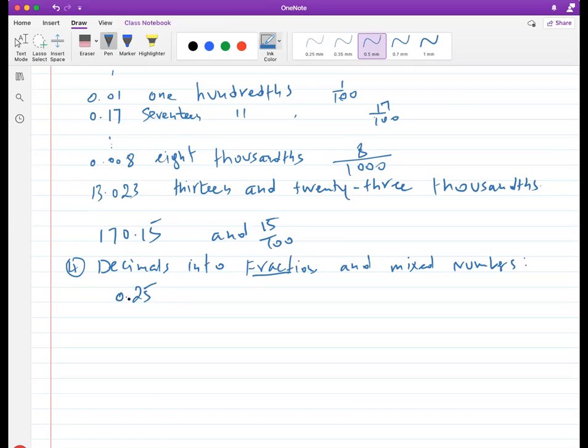How do you read this decimal again? Or if you want to write it or read it in this form, what is it? 25 hundredths. That's right, 25 hundredths. What would that be as a fraction? 25 over 100. That's right, 25 over 100. Very simple. Just read it the way it's written.